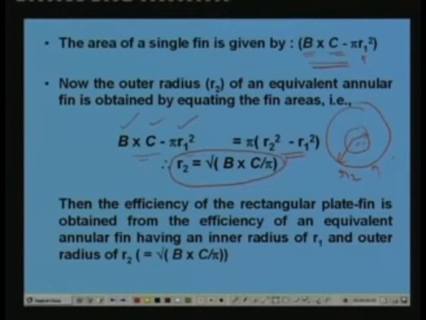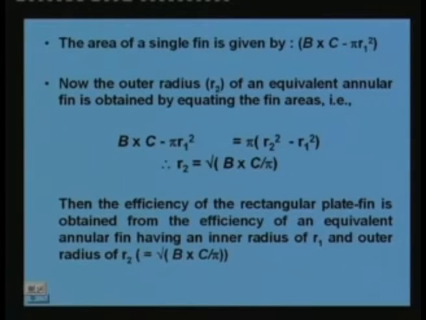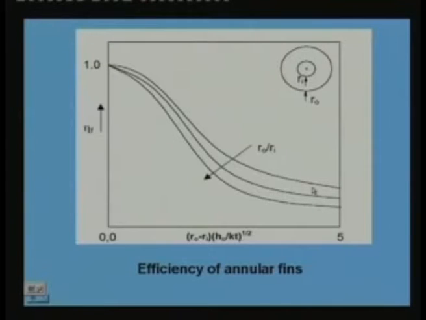Then the efficiency of the rectangular fin is obtained from the efficiency of an equivalent annular fin having an inner radius of r1 and an outer radius of r2, which is equal to the square root of B into C by pi. This is the procedure generally followed, and this picture shows the fin efficiency of an annular fin.